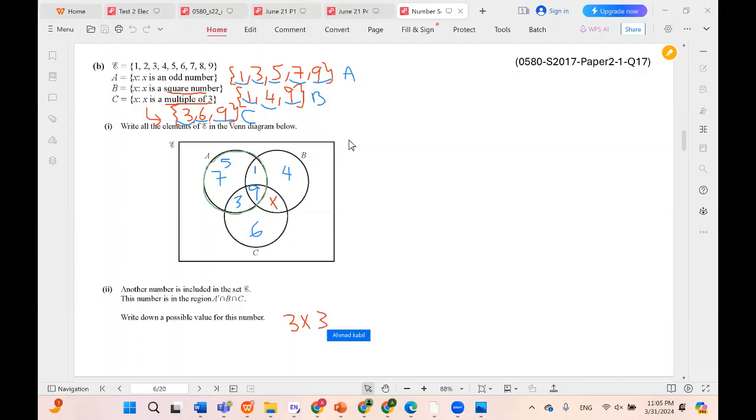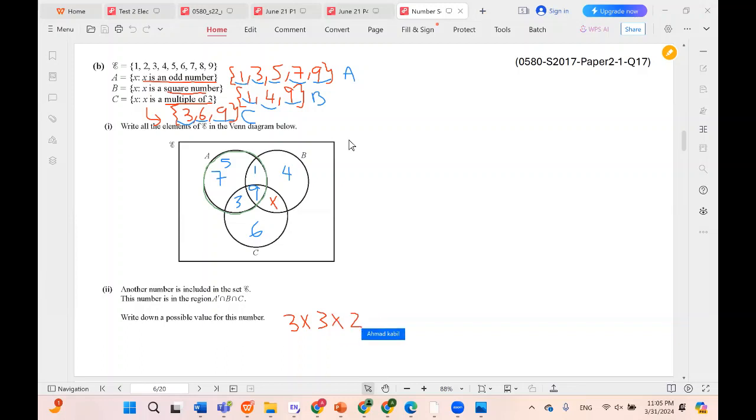Now, we also need this number to be an even number because it has to be outside of A, and A is the set of odd numbers. So since it's A complement, it has to be an even number. So it has to have a factor that is even. So for example, let's just multiply here by 2.